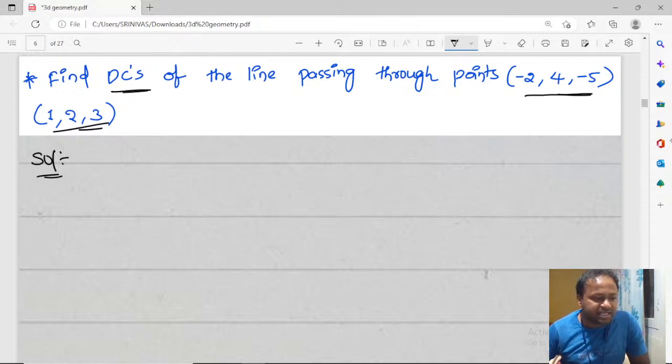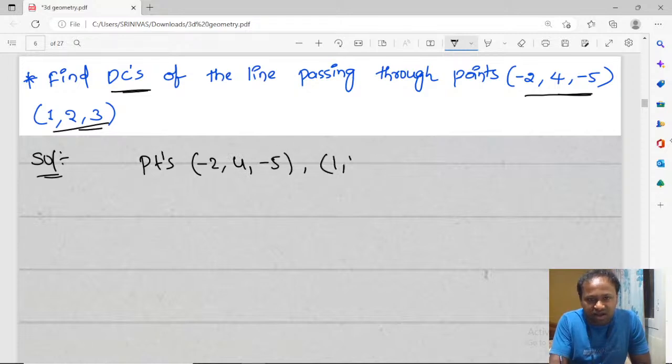Find the direction cosines of the line passing through 2 points. What are the given points? The given points are -2, 4, -5, as well as 1, 2, 3.